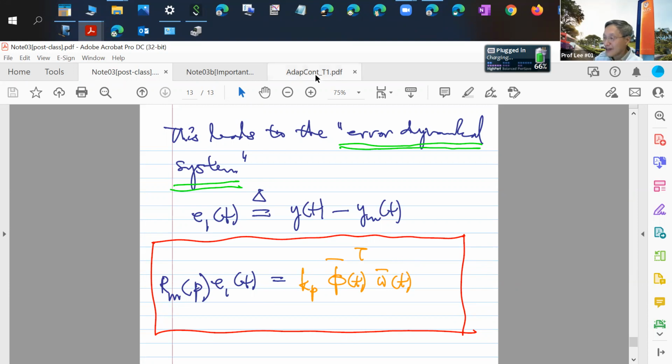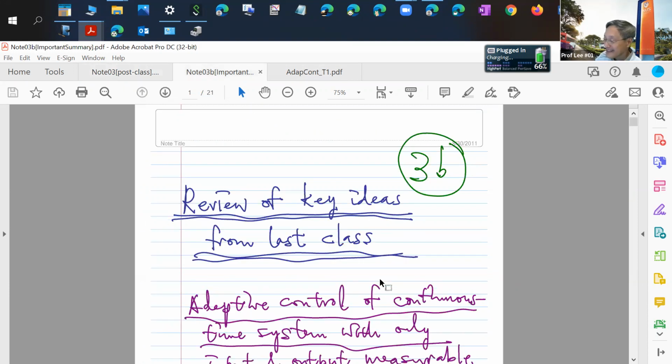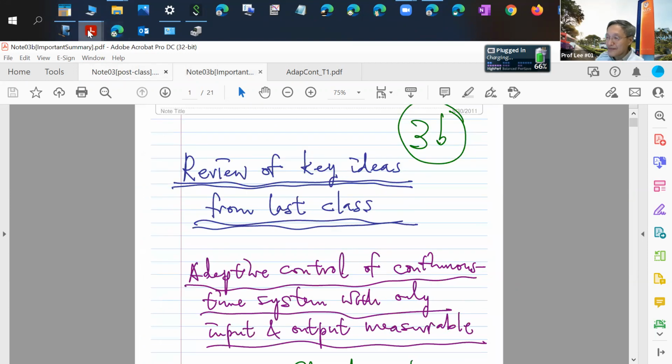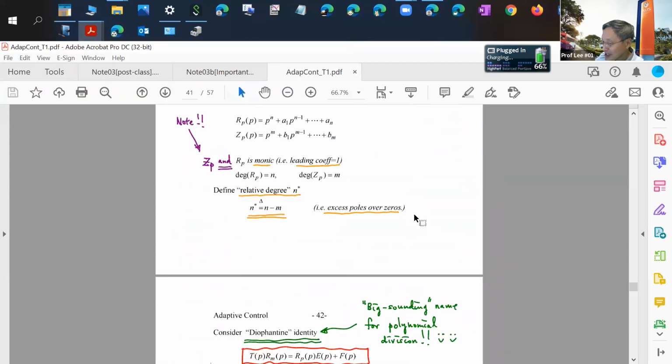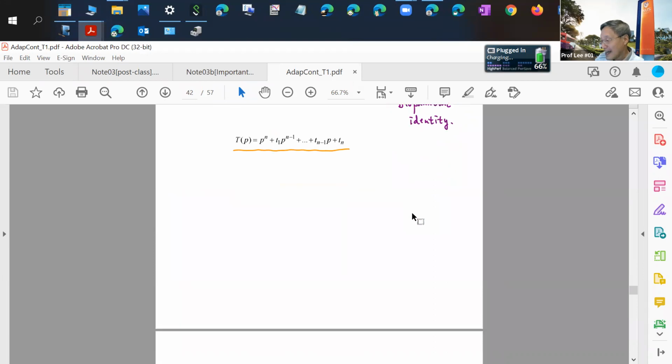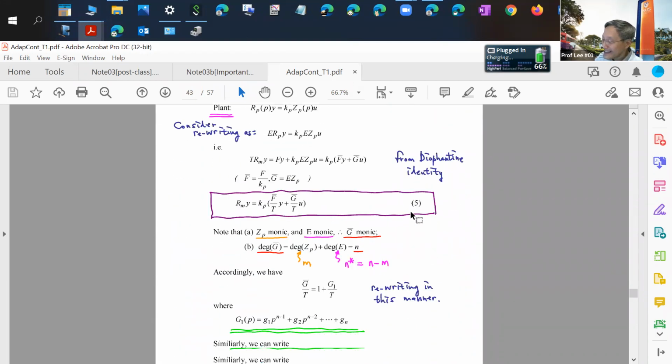You also saw that I uploaded an equivalent file. It's exactly equivalent, except that, essentially, in the notes, you will find that adaptive control is quite interesting.